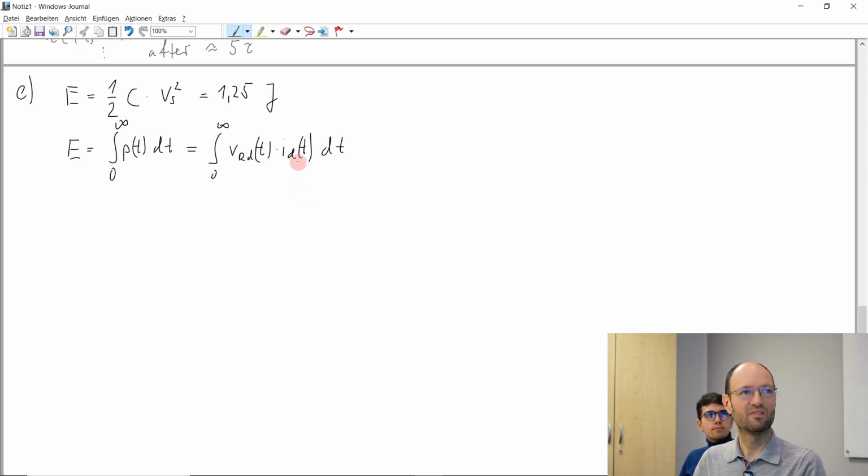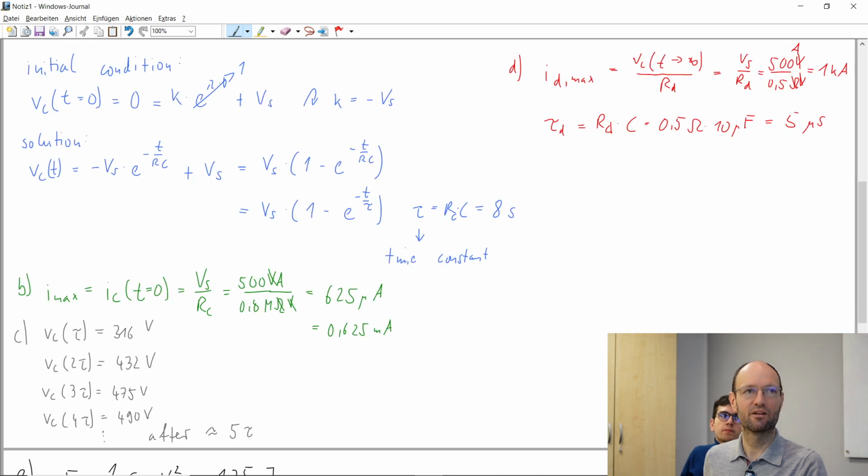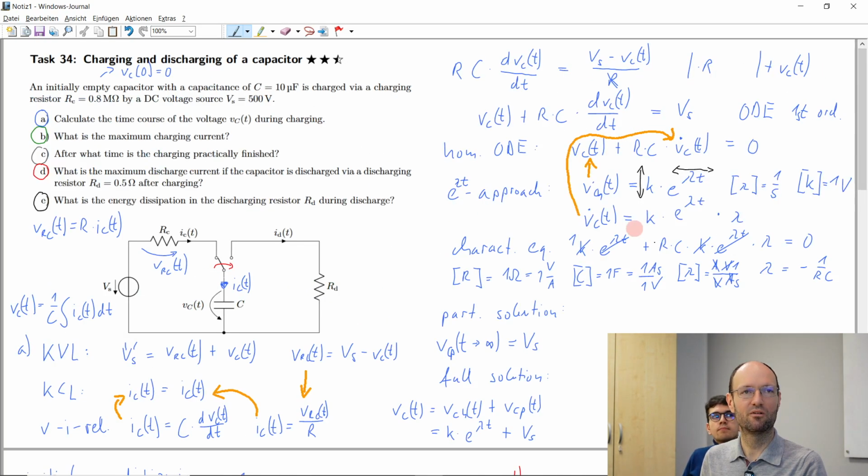So now we would need the voltage or this current. And we need to have the time function. So we would somehow need to go back to our calculation that we did here and do something similar like what we did here now for the discharging period.